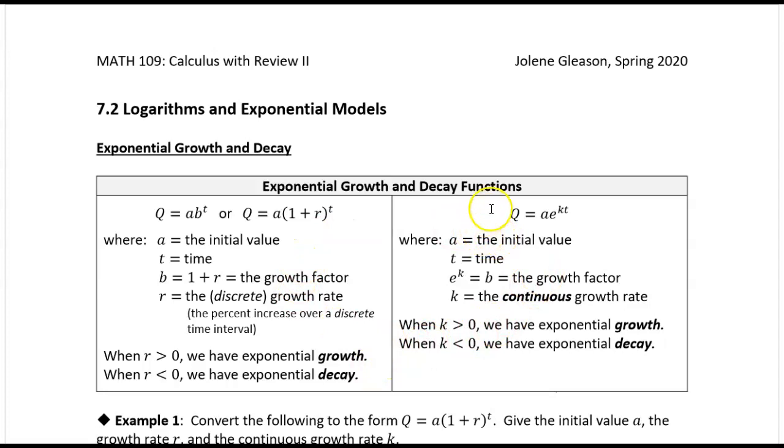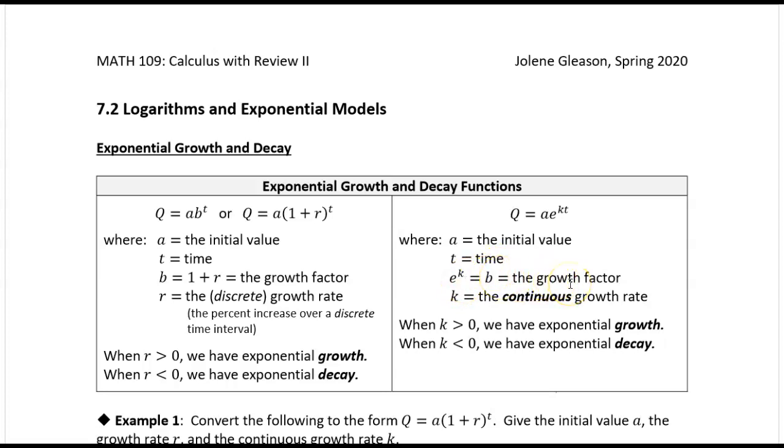The other form, I kind of think of as the continuous growth model, although really both of them can be used to express continuous growth. But this form, q equals a times e to the kt, again, a is the initial amount, t is the time, and here the growth factor is actually e to the k power.